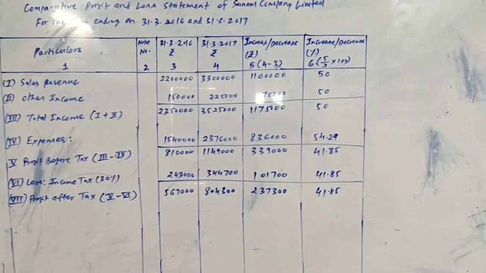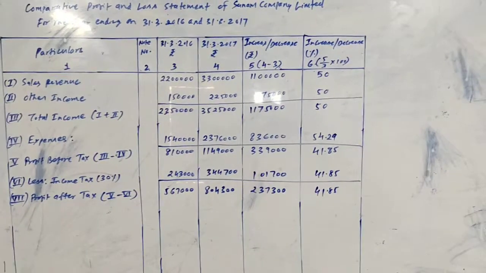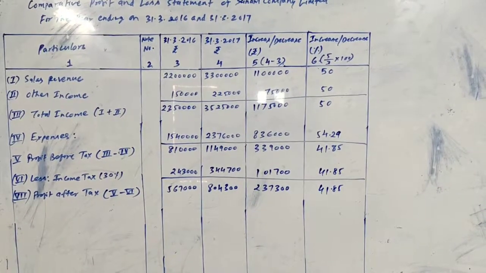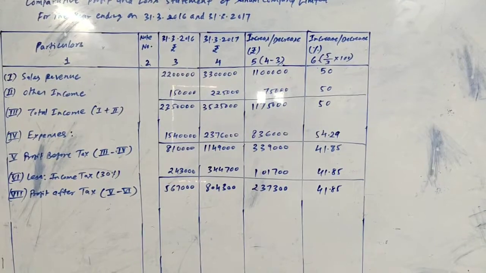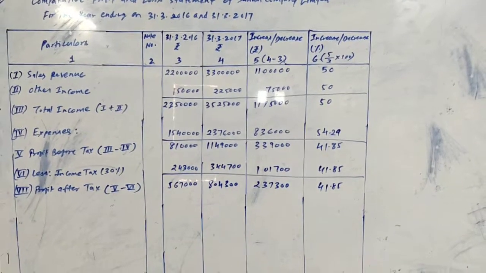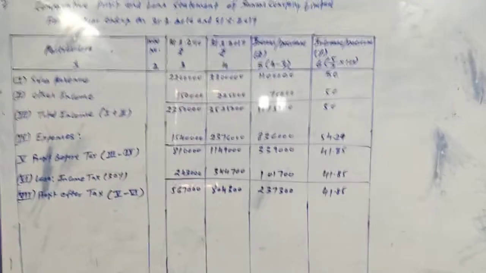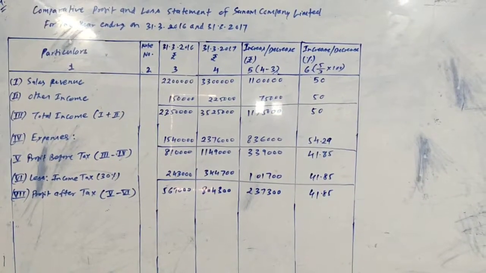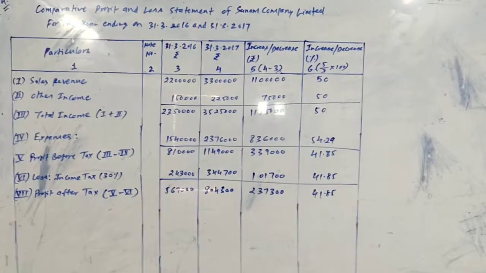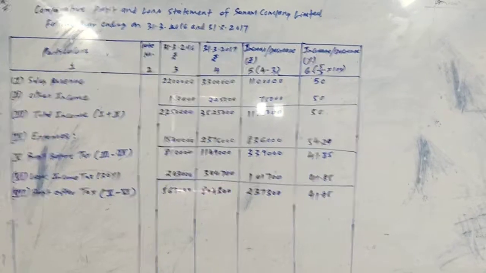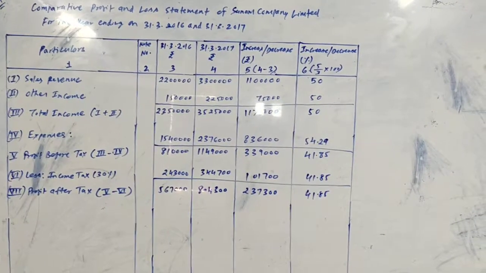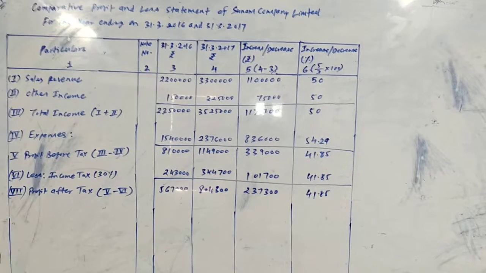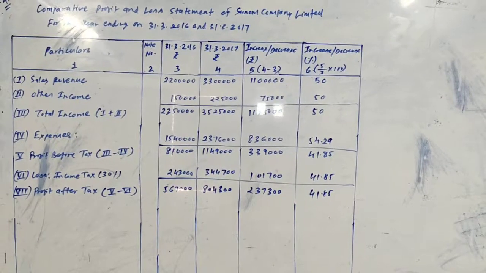The same way in 2017 the total income is 35,25,000 and expenses are 23,76,000. So 35,25,000 minus 23,76,000, we get 11,49,000. So the profit before tax in the year 2016 was 8,10,000 and in the year 2017 it is 11,49,000.